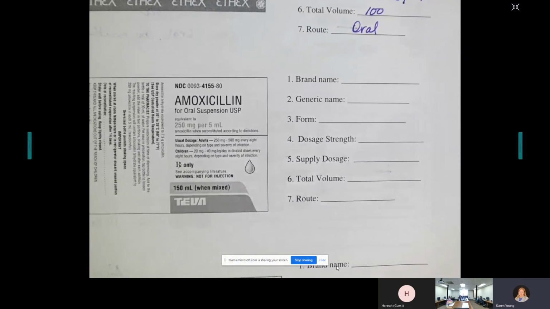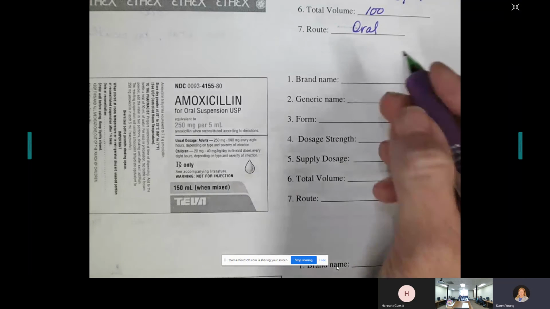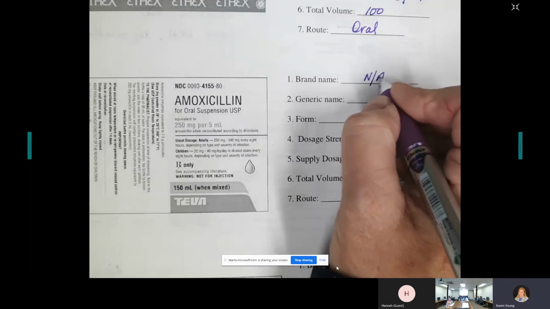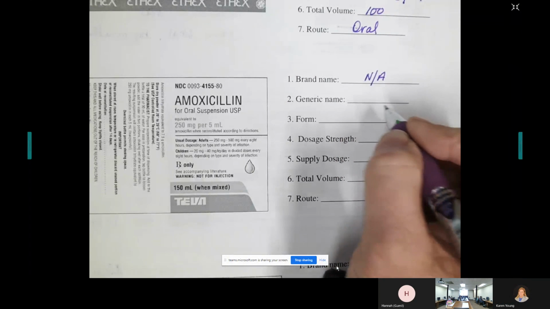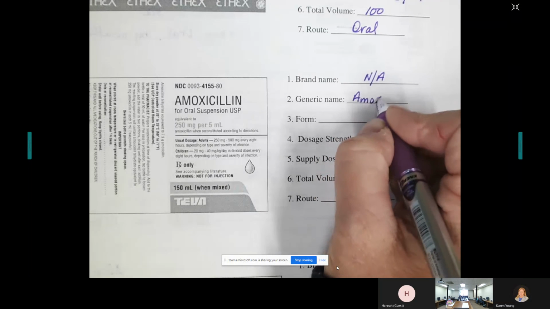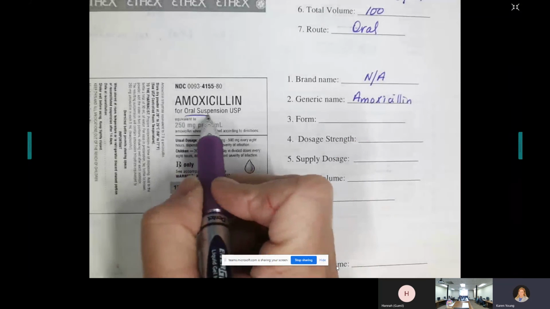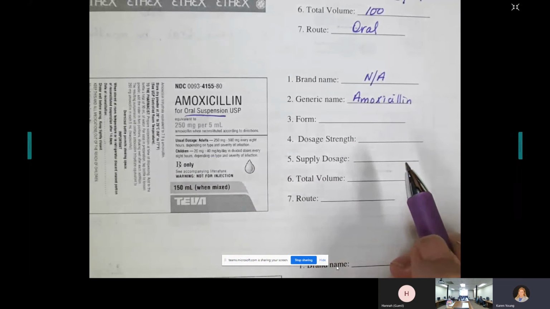All right. What about this one, the amoxicillin? Does it have a brand name? No. Does it have a generic name? Amoxicillin. The "for oral suspension" is not part of the brand name.